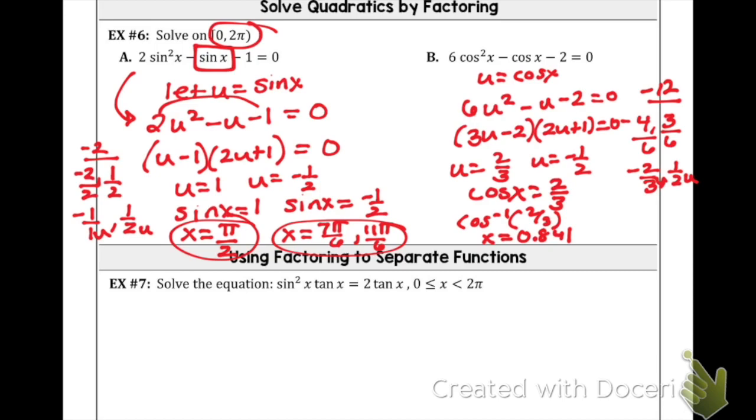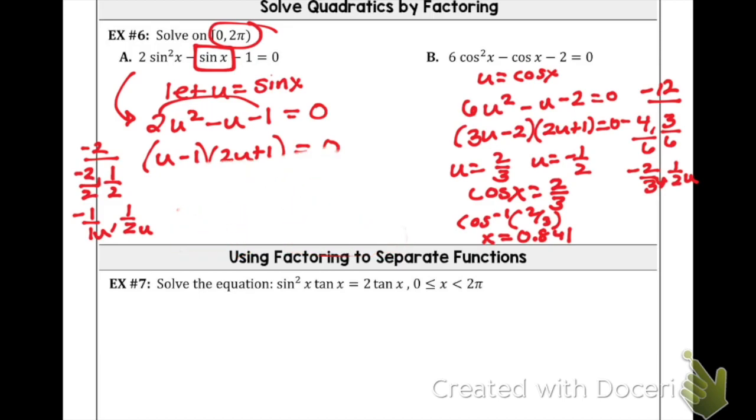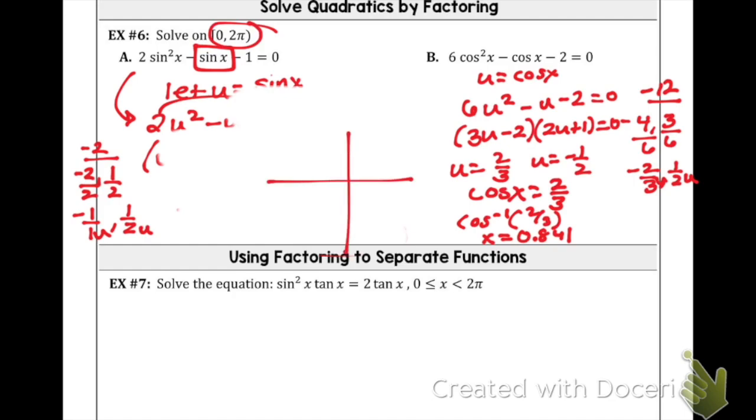And then cosine is also positive down in quadrant 4. So if I have cosine inverse of 2/3, so 0.84, that's going to put me in quadrant 1, because half a pi is like 1.57. So 0.84 is, let's say, right here.